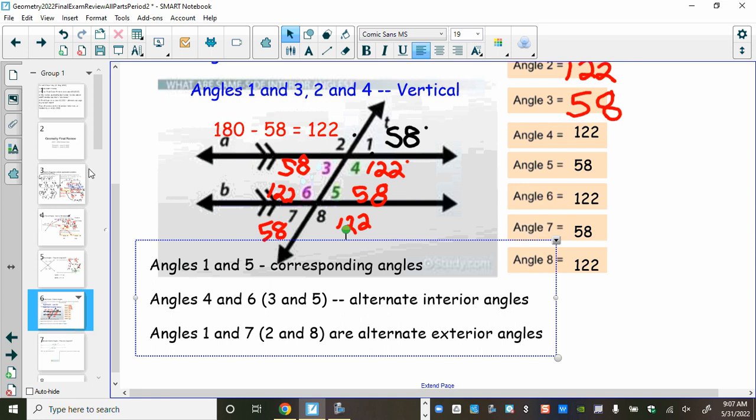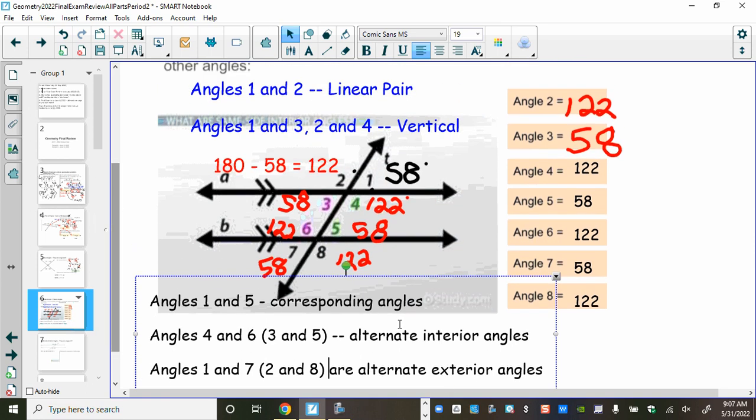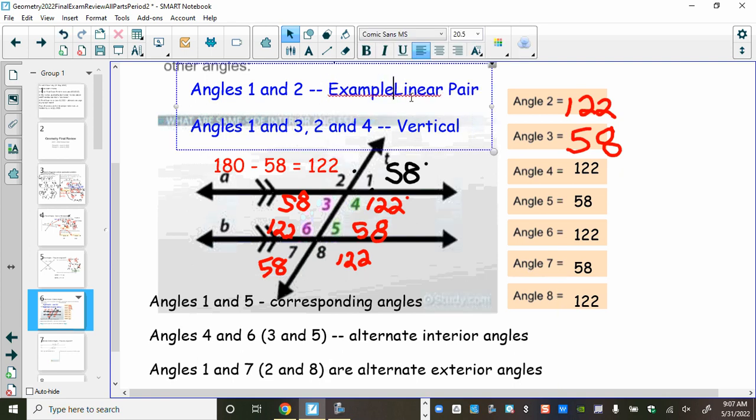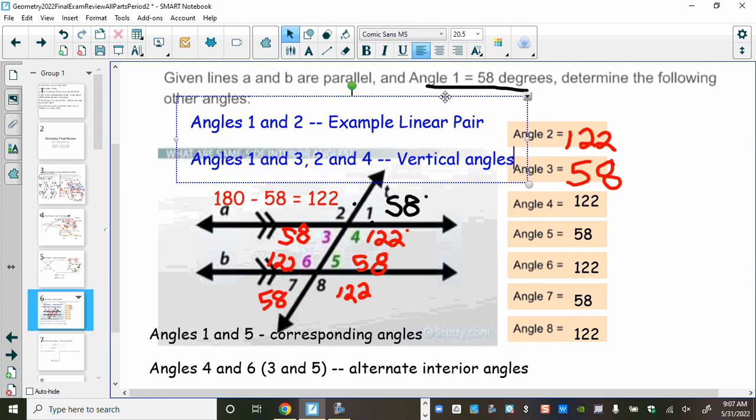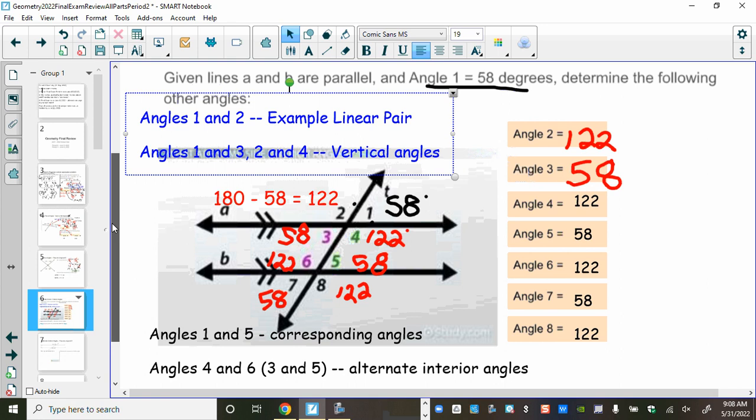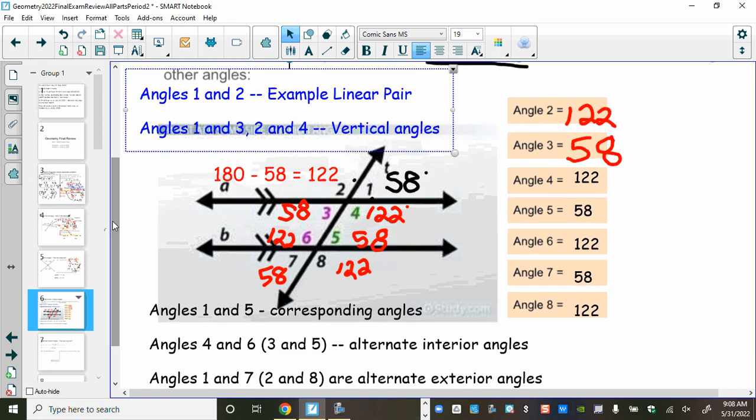Remember, we have to know these relationships. You have to know those relationships because if we don't understand the relationships with our angles, which we've done plenty of times, verticals, congruent, linear pair, add up to 180.